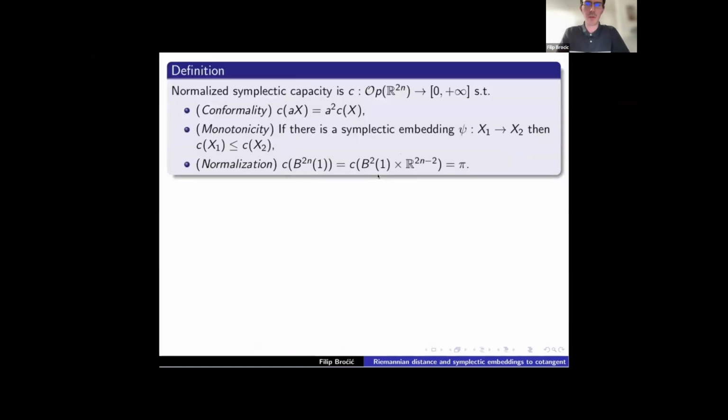Okay, now I want to speak a bit about the relationship between this result and the strong Viterbo conjecture. For that, I need to recall what a normalized capacity is.